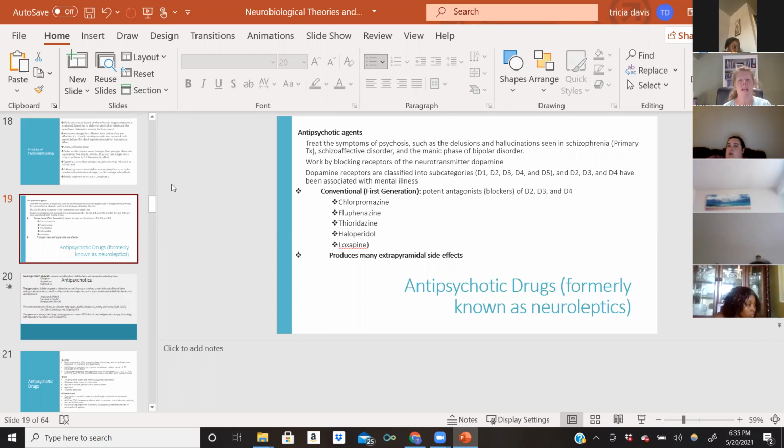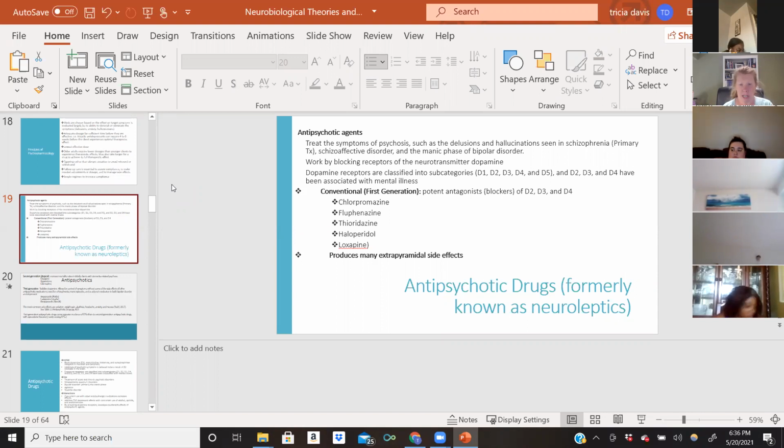So these conventional, or first generation, antipsychotic agents are your chlorpromazine, fluphenazine, thioridazine, haloperidol, or Haldol, or loxapine.